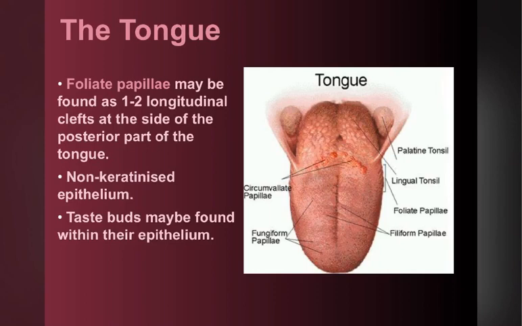Foliate papillae may be found as one to two longitudinal clefts at the side of the posterior part of the anterior two-thirds of the tongue dorsum. They are covered with non-keratinized epithelium. Taste buds may be found within their epithelium. The taste buds are normally found in the foliate papillae on the sides of the grooves between the ridges.